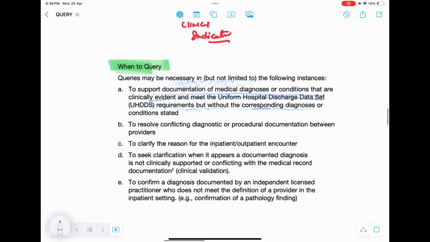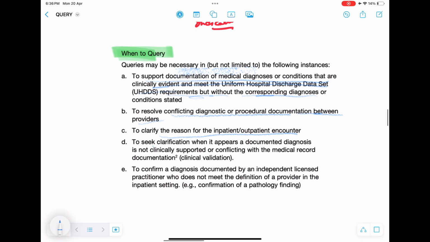B, to resolve conflicting diagnosis or procedural documentation between providers. C, to seek clarification when it appears a documented diagnosis is not clinically supported or conflicts with the medical record documentation. These are some of the most common situations we see every day.